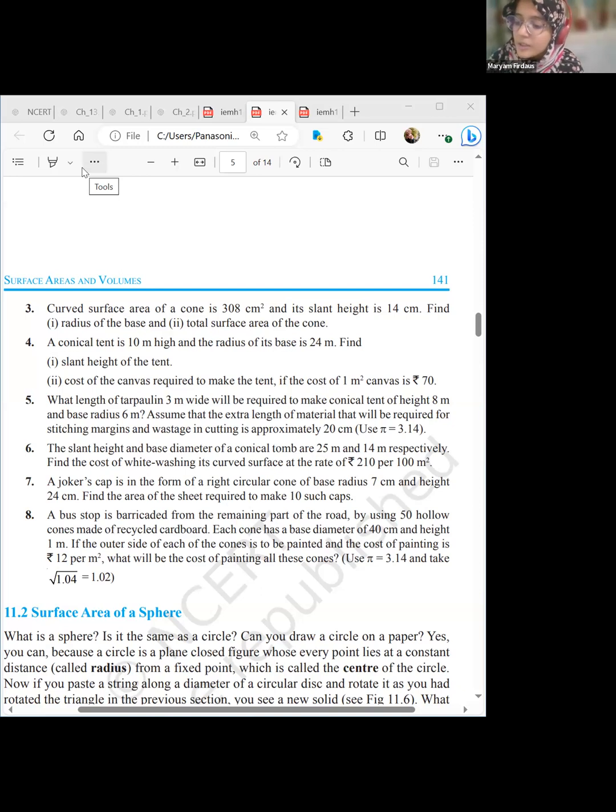So first let's find out the length of this rectangle. What will it be? What will be the length of this rectangle?